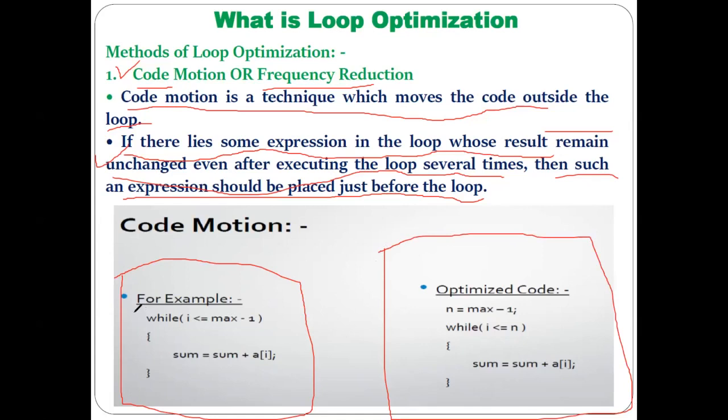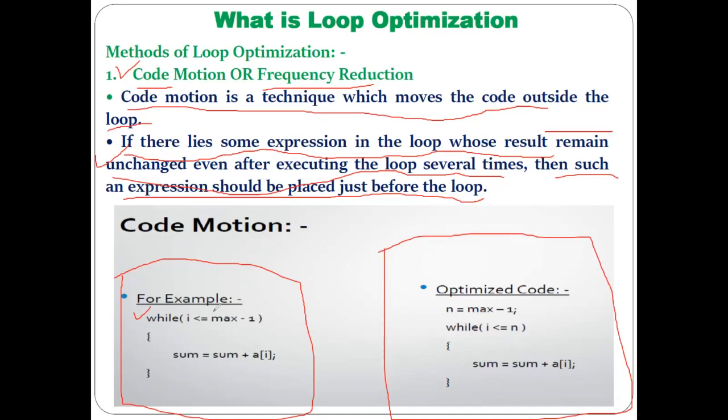Now in this you can see while I is less than or equal to max minus 1, and in braces we have sum is equal to sum plus a of I. Now, what kind of expression related to this loop, if written outside the loop, will not affect the result, and because of that the processing can be reduced? If the processing is reduced, the execution time of the program is reduced.